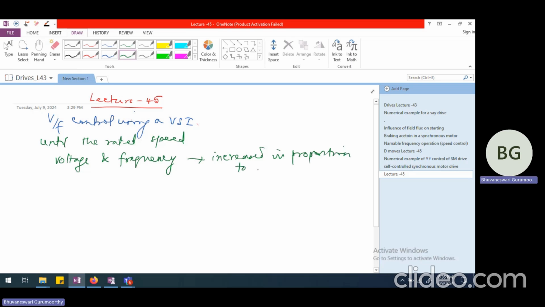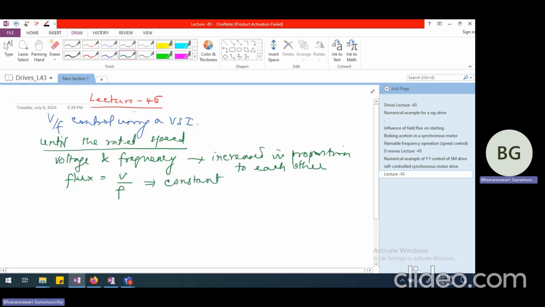So this will ensure that V by F ratio is a constant, and then we are going to have the flux be a constant, because flux is going to be voltage divided by frequency approximately. So this will be held as a constant.